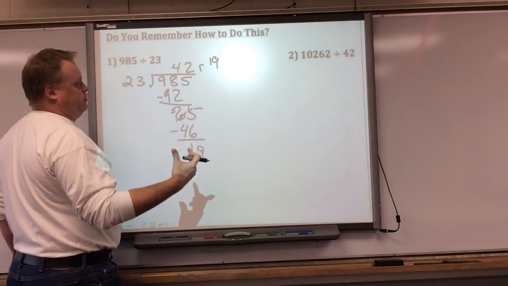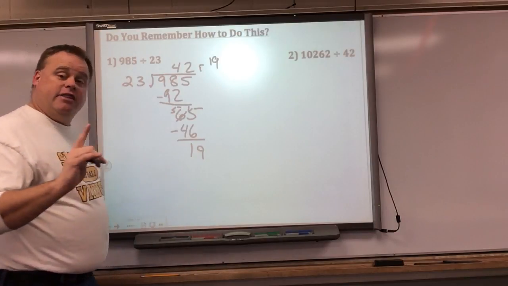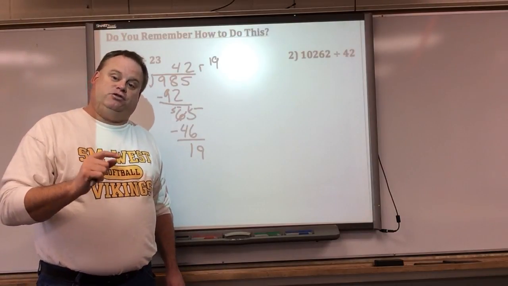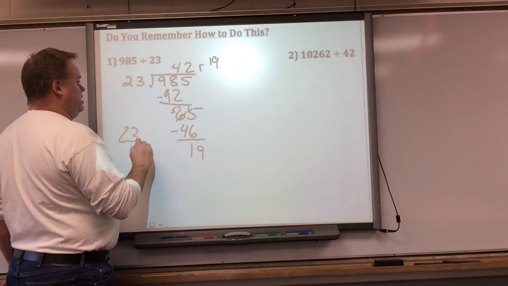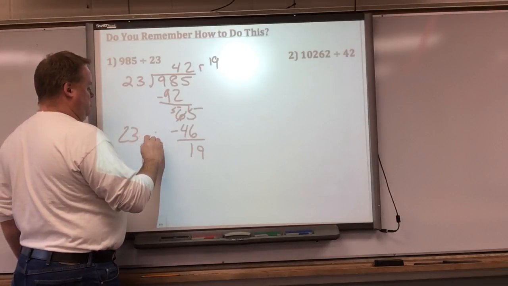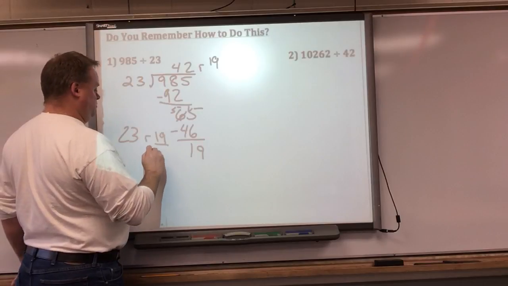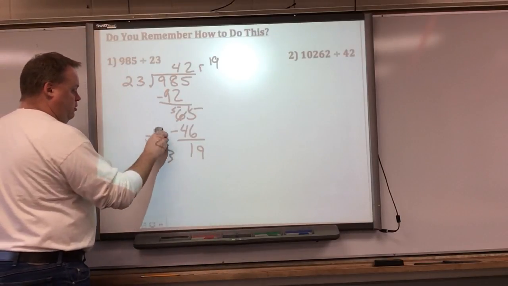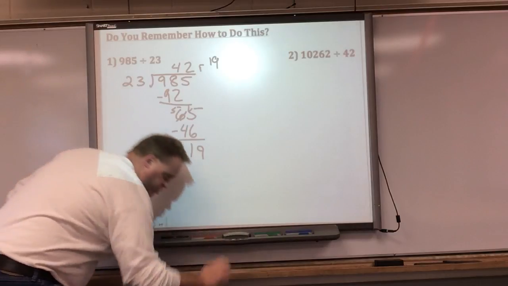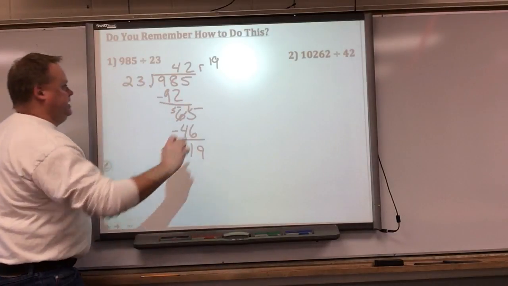Remainder of 19. Another way we can write this, and we need you to be able to understand this, is this could be 23 remainder 19 over 23. And I wrote that wrong. It is going to be 42 out here. Hopefully one of you caught that and go, Mr. Mosier, made a mistake. I did.